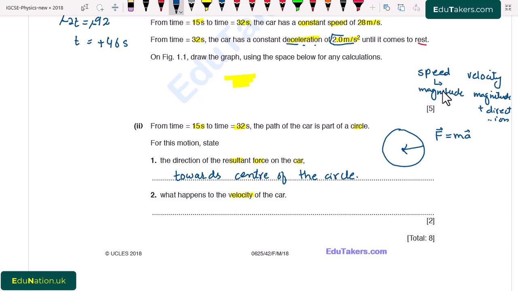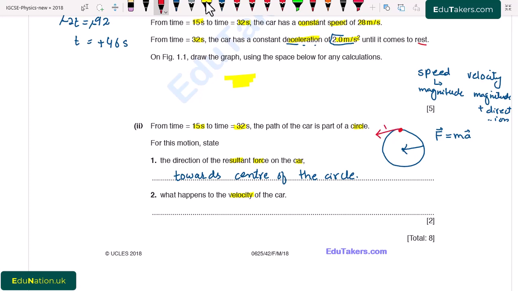So here we can see that when a body moves in a circular path, speed remains the same. It means that the magnitude of velocity remains the same, but its direction changes at every point. So if I consider that the body is at this point and it is moving anti-clockwise, and I have to find out the direction of velocity at this point, I draw a tangent at this point.